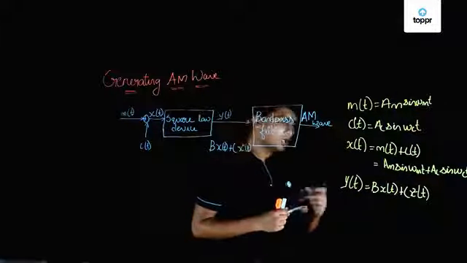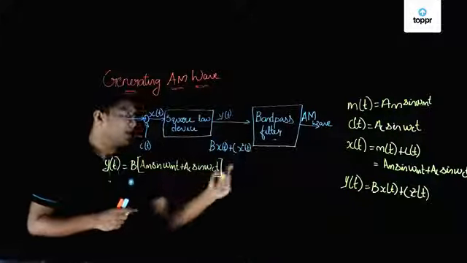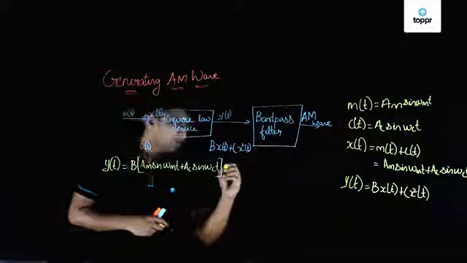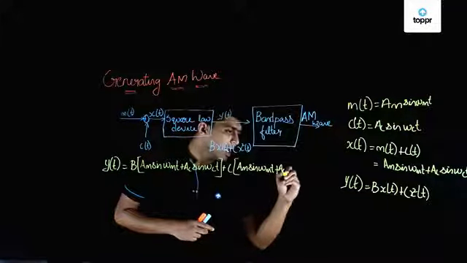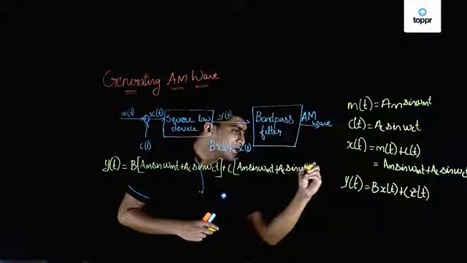b into the value of x of t, which is Am sin ωmt plus Ac sin ωct, that is b Am sin ωmt plus b Ac sin ωct. y of t is b x of t plus c x squared of t, which will be plus c into (Am sin ωmt plus Ac sin ωct) the whole squared, right?